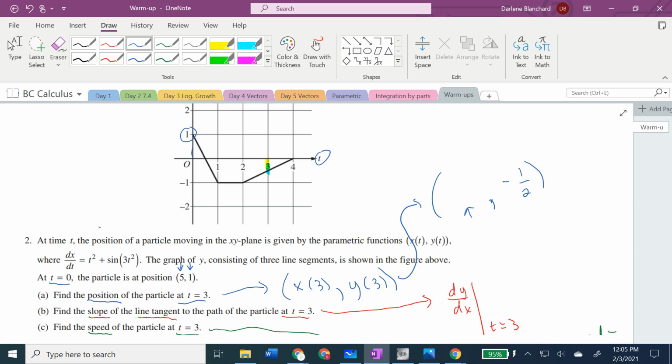To find the x coordinate at time 3, when you are given the x coordinate at time 0 and the derivative of x with respect to time, you're going to use your definite integral and the fundamental theorem of calculus.